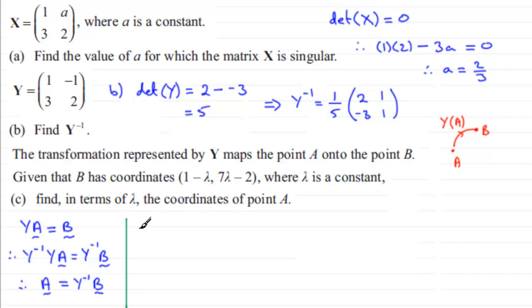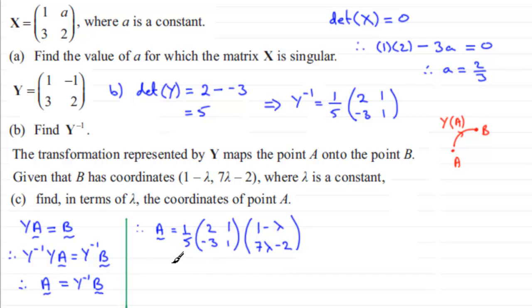So A equals the inverse of Y, which we've got up here in part B, 1/5 of the matrix 2, minus 3, 1, 1, and we multiply that by the vector representing the point B. That's going to be a column vector, 1 minus lambda and 7 lambda minus 2.